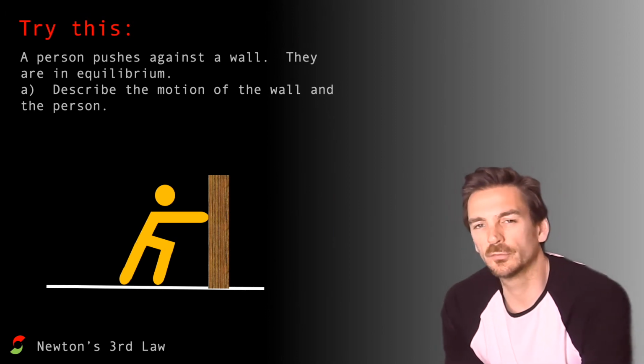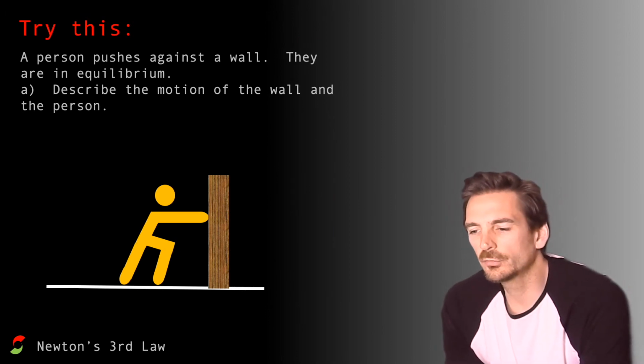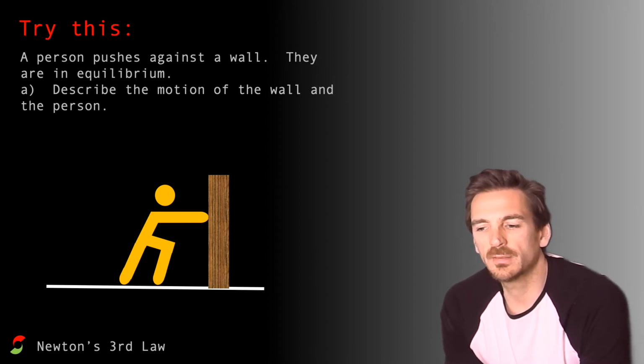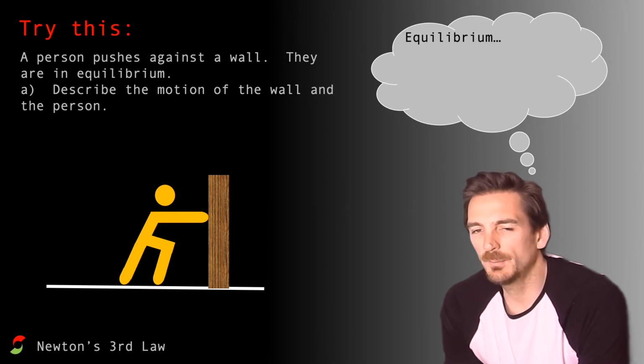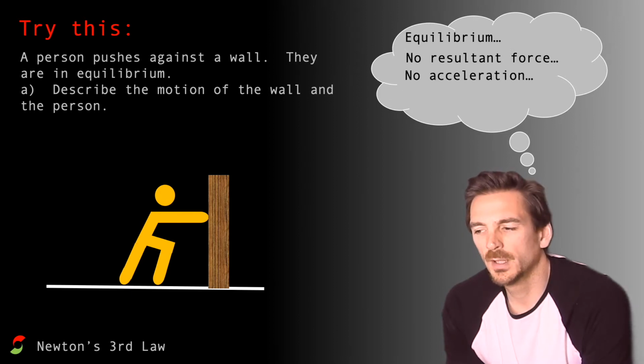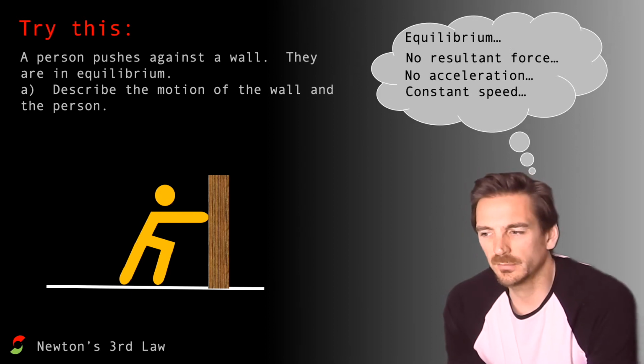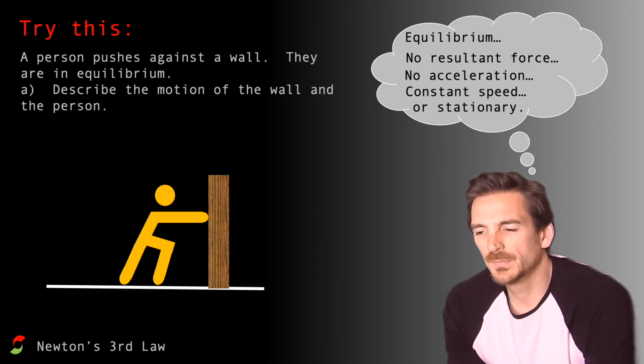So here we've got a person who's pushing against the wall, and we're going to describe the motion of the wall and the person if we say that they are in equilibrium. So what I'm thinking here is that equilibrium means there's no resultant force. That means there's no acceleration, and it means there's constant speed, or it's stationary.